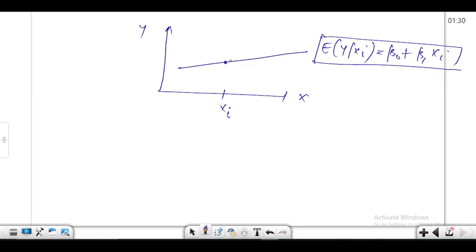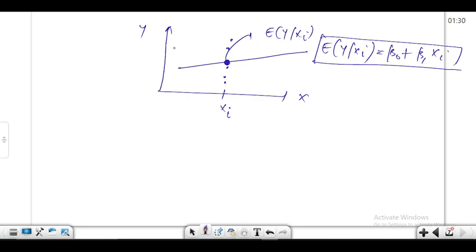So this is your E of y given xi. There might be different values of y given the same xi, but this is the main center of attraction because it is the expected or the average value of all the values that y will take when x is equal to xi.